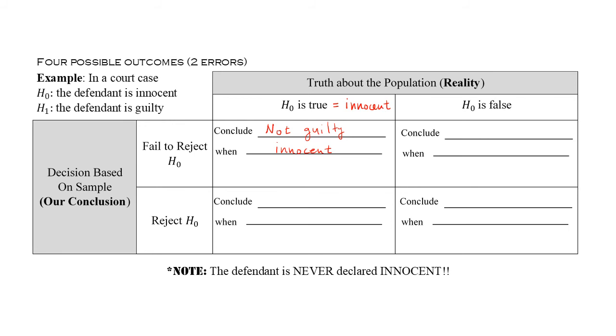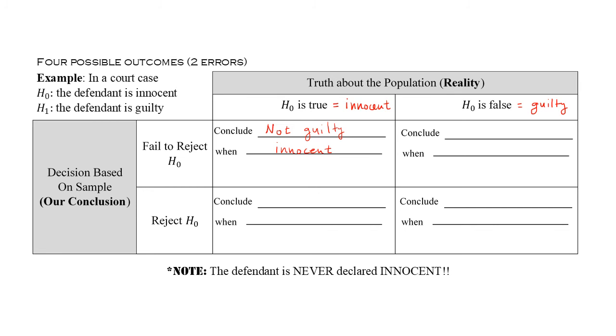So this looks like this would be okay because there was no error made here. The result that we got was that he was not guilty when in fact he was innocent, and that seems to be in agreement. If we were to fail to reject the null hypothesis when in fact it's false, in other words, if the null hypothesis is false, that means the alternative hypothesis is true, and so the defendant would have to be guilty.